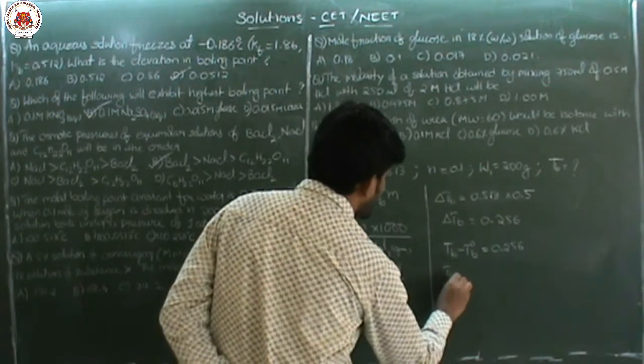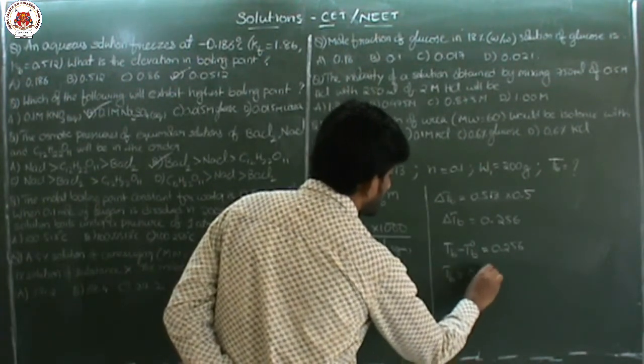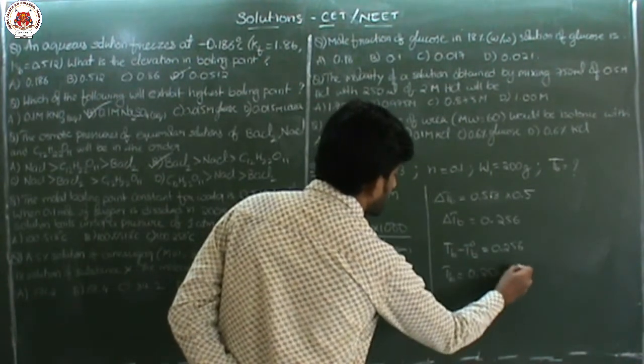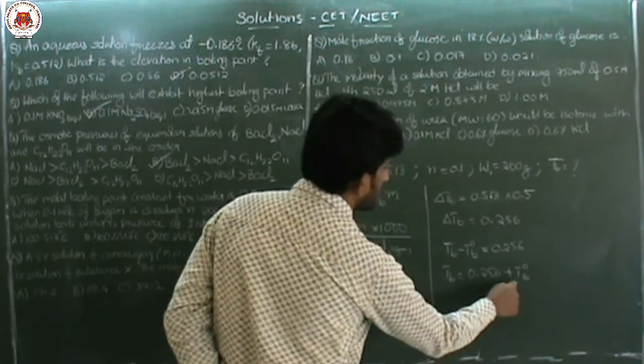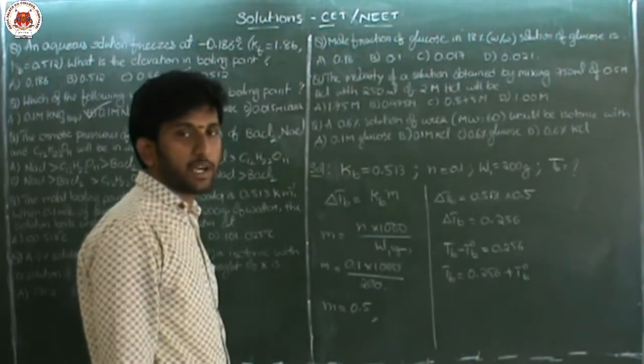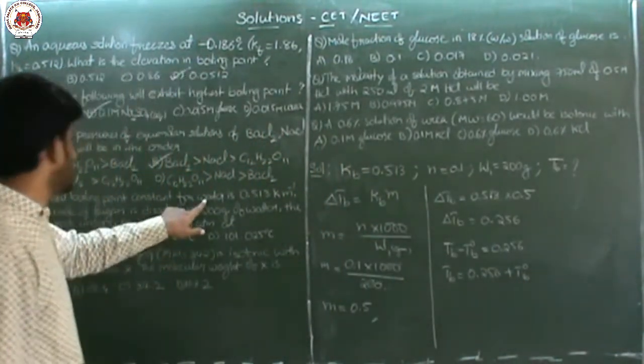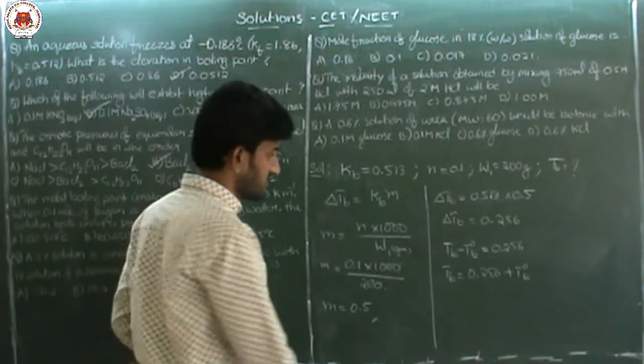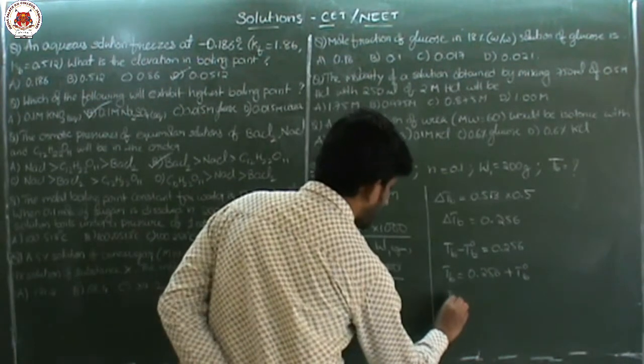So from this, TB is equal to 0.256 plus T naught B. What is T naught B? T naught B is the boiling point of the pure solvent. What is the pure solvent? Water. What is the boiling point of water? 100.